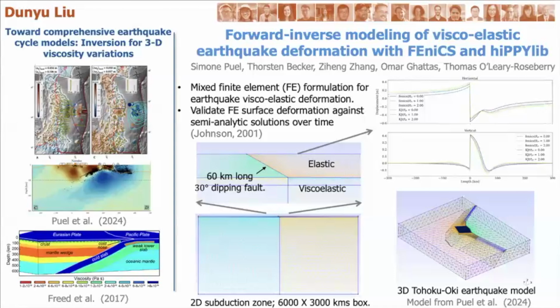This figure shows 3 time steps over 2 characteristic time scales of viscosity. We compare the Phoenix solution to a semi-analytical solution, and it may not be easy to see, but we have a pretty good agreement. So it gave us the foundation to move forward.